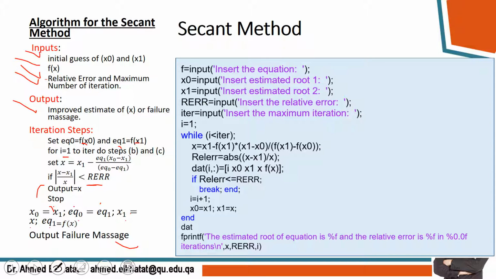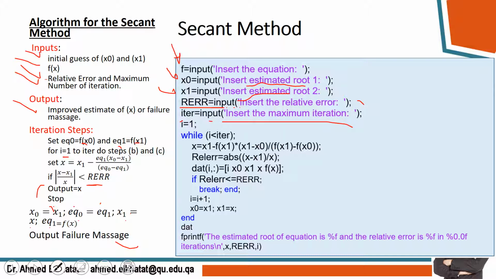Now let's see how to make it in MATLAB. We start with input: insert the equation, insert the estimated root 1 and the estimated root 2. After that, input the relative error and the maximum iteration.